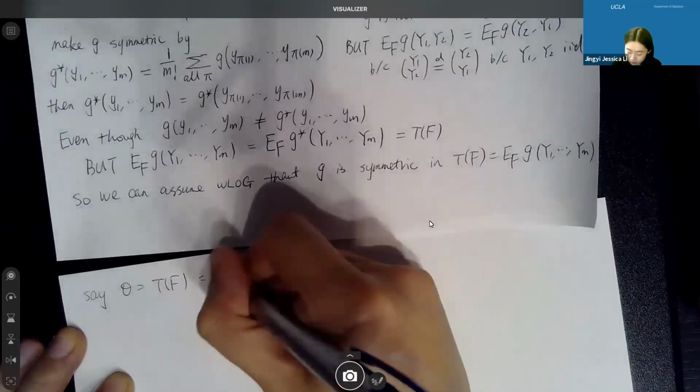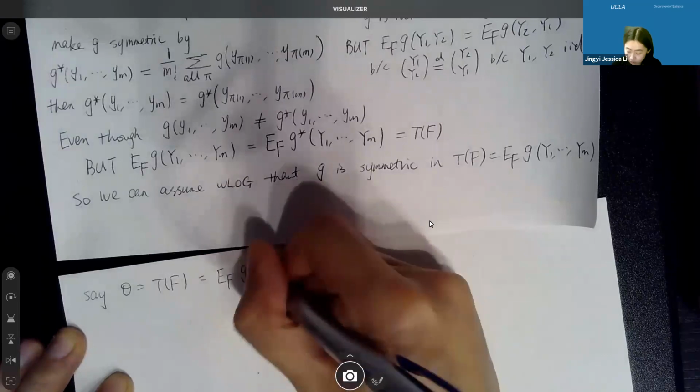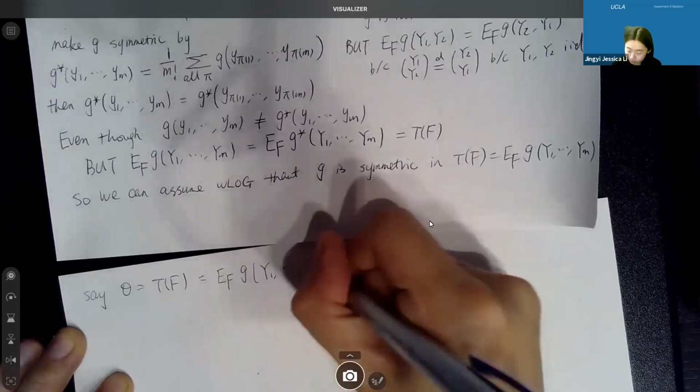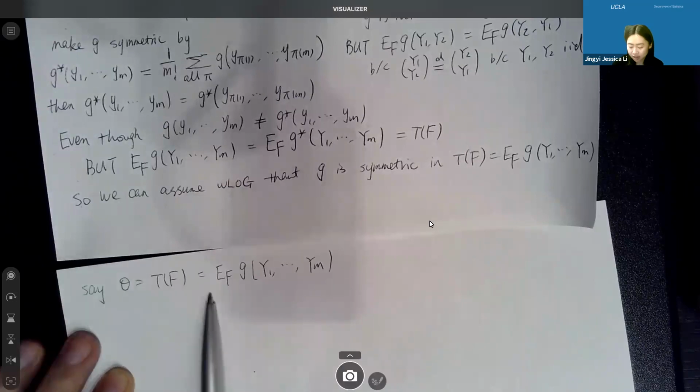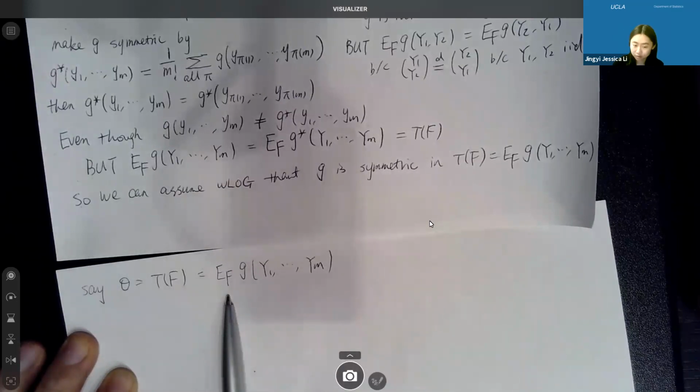So we write it as E_F of G y1 to ym. Let me ask you a question: which special examples can you think of in this case? Mean, right? Variance. These are all special cases of this expectation functional.